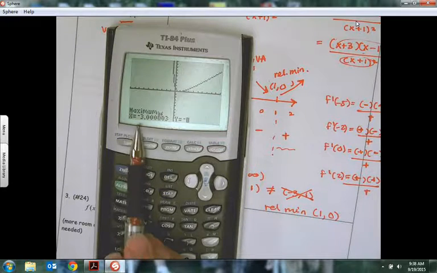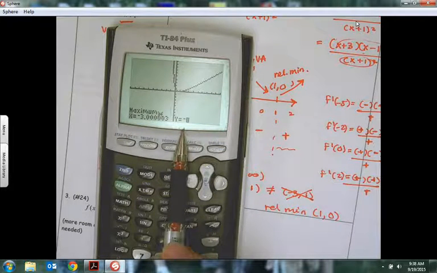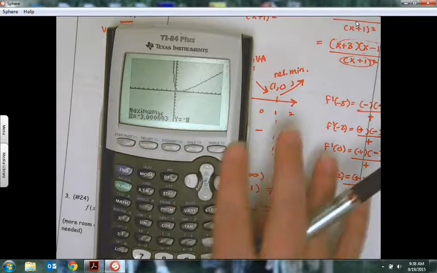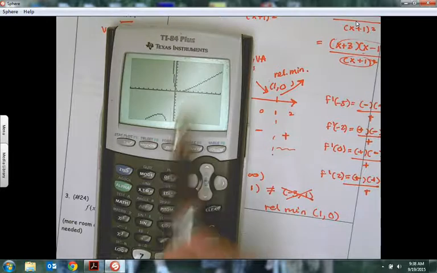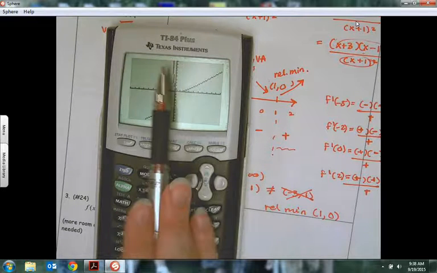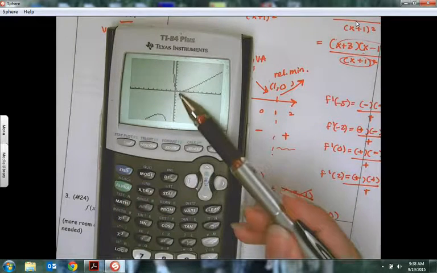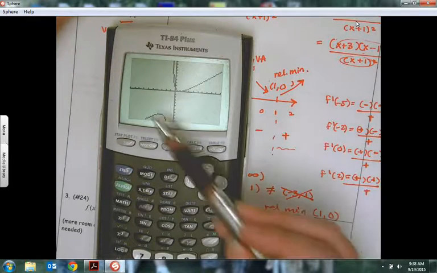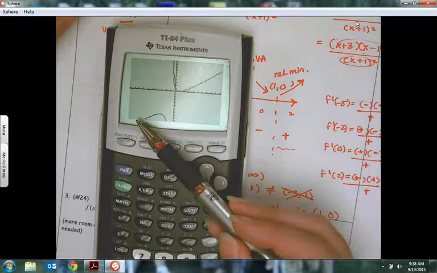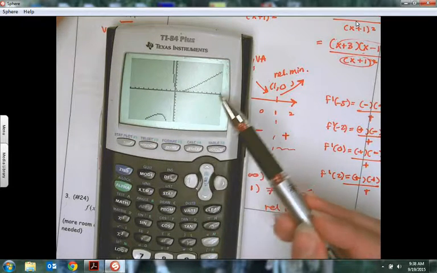Okay, so here I found that relative max was -3, -8, and I'm increasing until then, and then I'm decreasing after that, but I keep decreasing and I have that vertical asymptote, and then here I have my relative min at 1, 0. Pretty cool, huh? Ooh, I also have a slant asymptote, which we will get into.